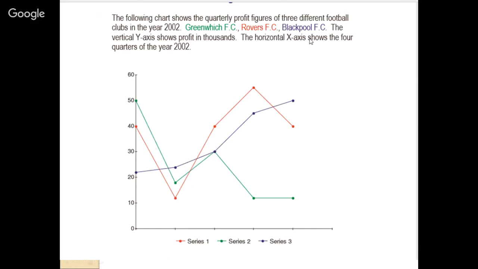You have Blackpool FC, which is in purple. And then it says the y-axis, which is this, shows the profit. And down here shows the quarterly, right?